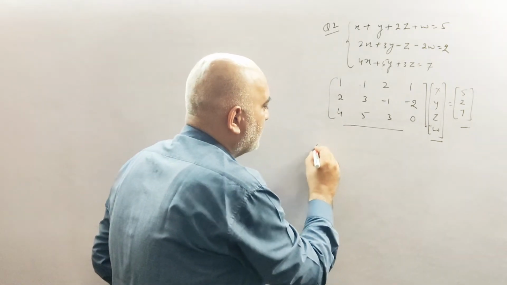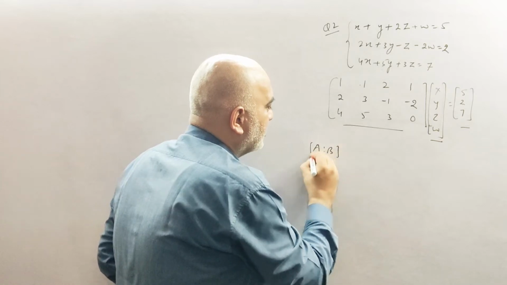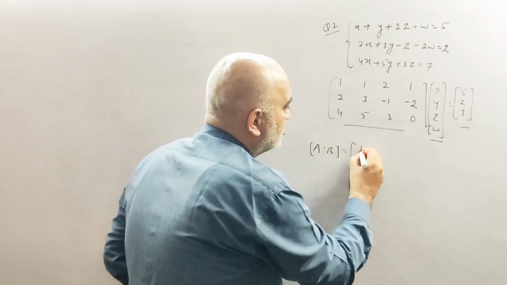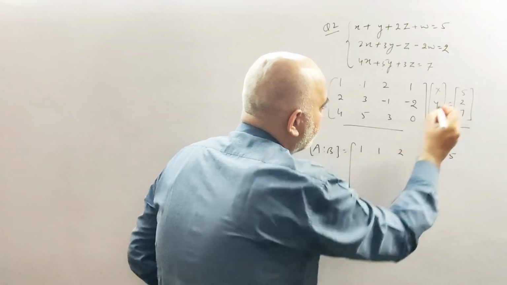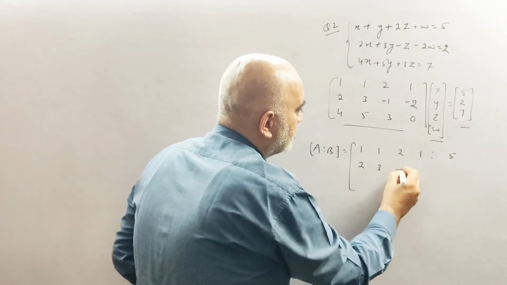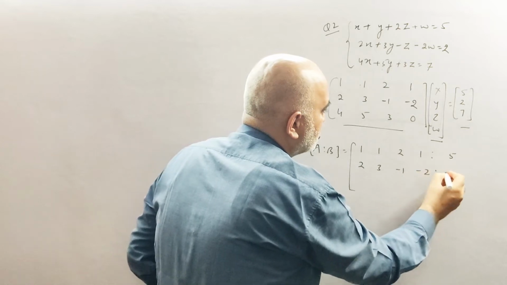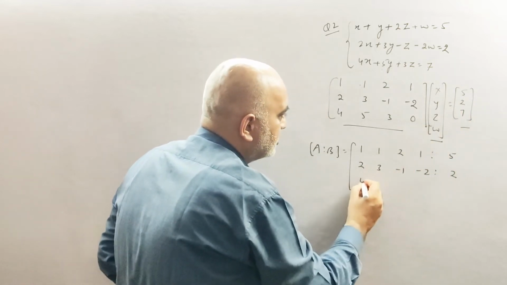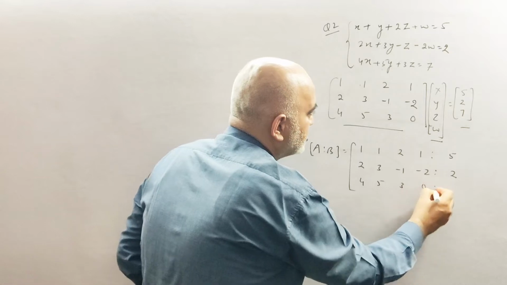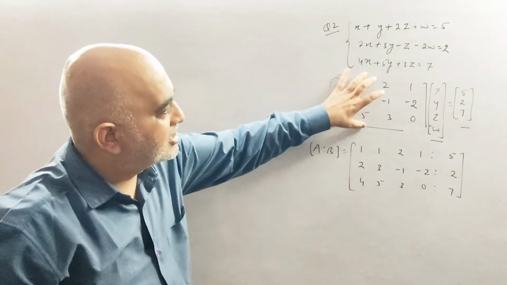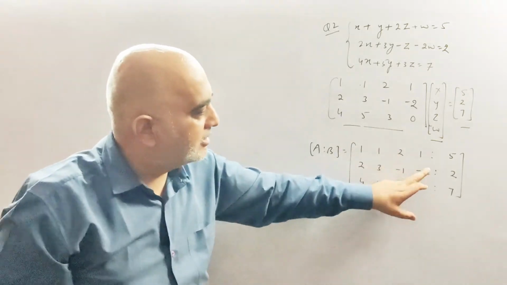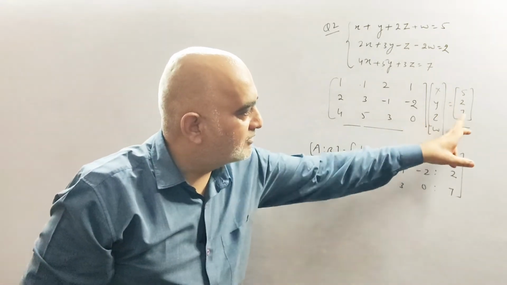What is the augmented matrix here? A separated by B is 1, 1, 2, 1, and 5 for constants; 2, 3, minus 1, minus 2, and 2 constant; 4, 5, 3, 0, and here 7 is constant. We have to write this A matrix as a whole and then separate by 5, 2, 7.